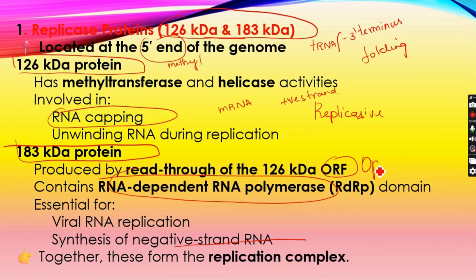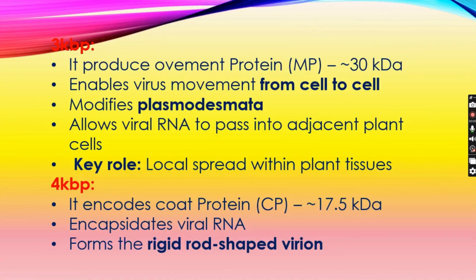An open reading frame of the RNA of the TMV virus is created by this 126 kilodalton protein. After that, the RNA polymerase reads and adds further nucleic acids. Therefore, replication occurs.